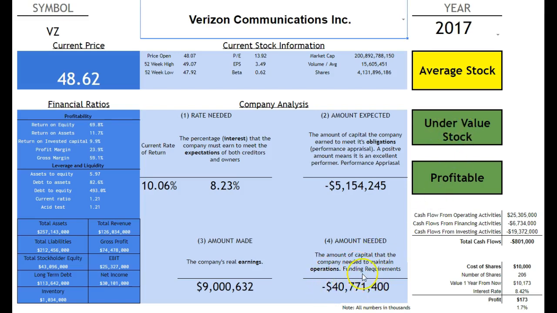This is normal to have a negative number. I would rather see a positive number, meaning that the company has excess capital for their daily operations, but 90% of all corporations in the U.S. will have a negative number.